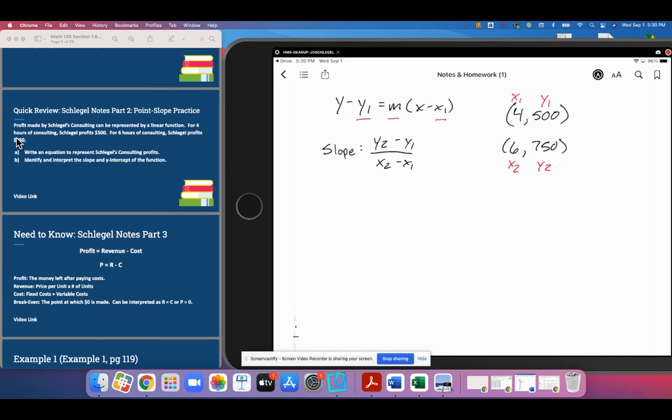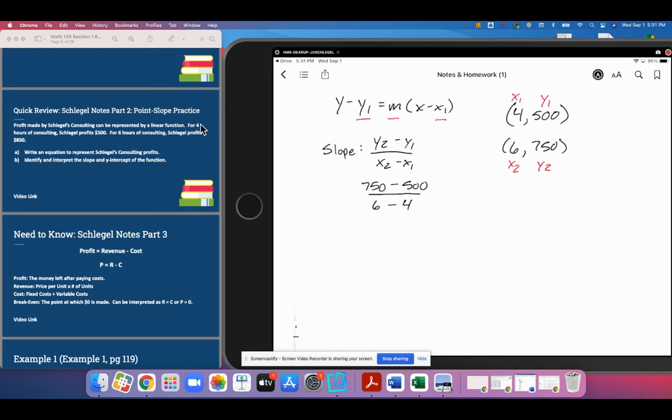We can slam that into the slope formula. We've got y2 is 750. And I need to take my own advice and write my fraction bar with my minus signs in it already so that it helps me not make silly mistakes as I work through this. 750 minus 500 over 6 minus 4.